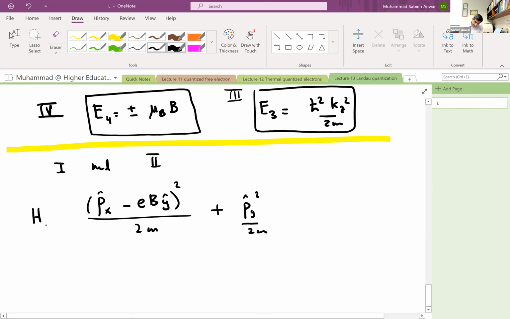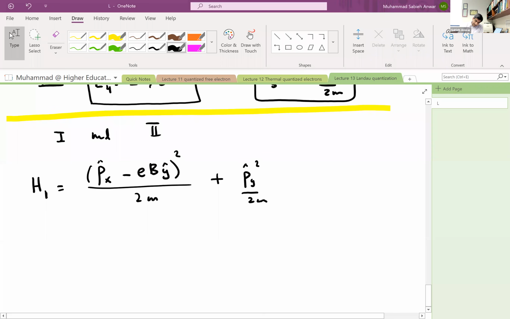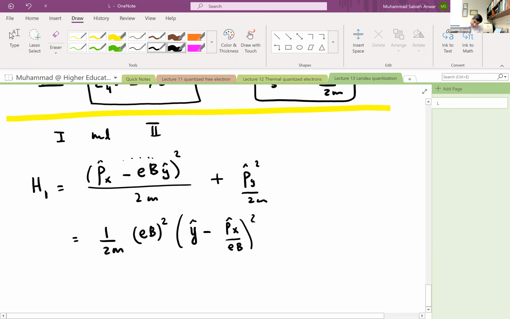Let me call this H1 just for simplicity. Now, if we just try to change the factors a little bit, we get e^2 B^2 over 2m times (y minus Px over eB) squared plus Py square over 2m.